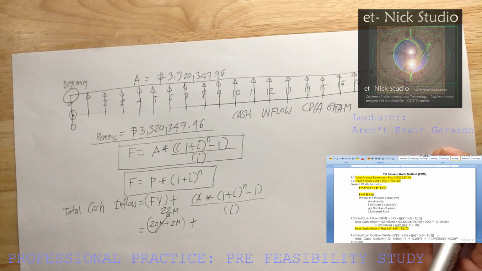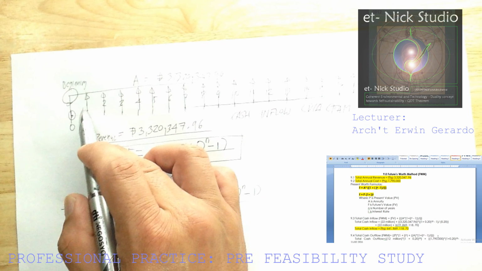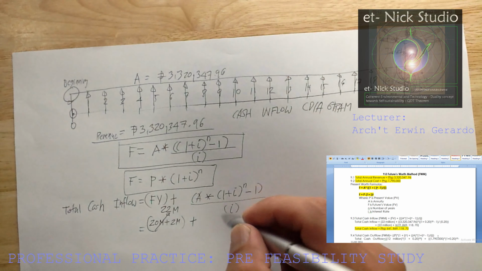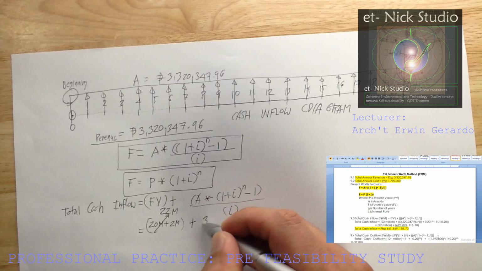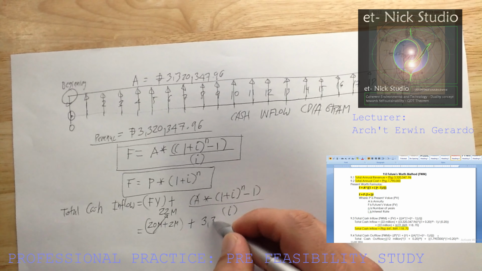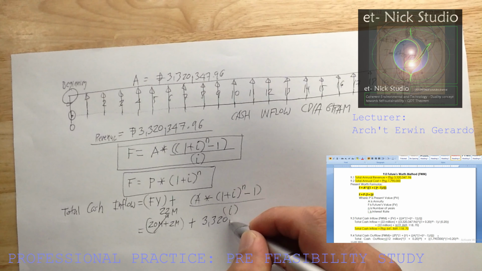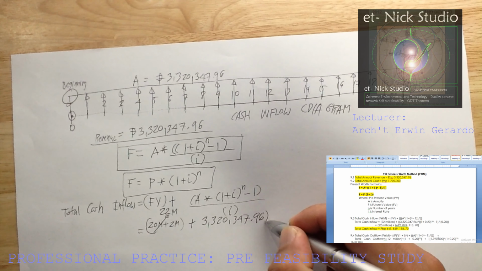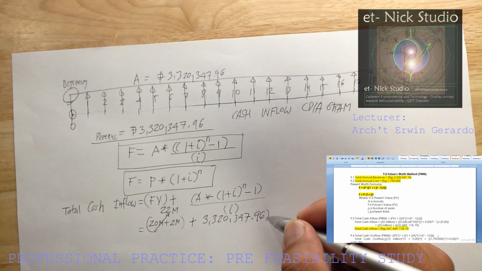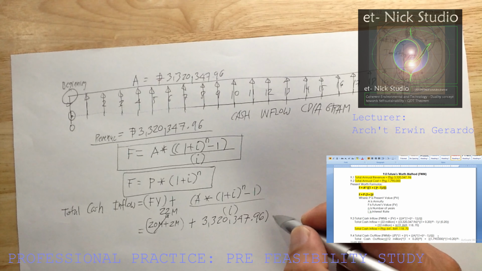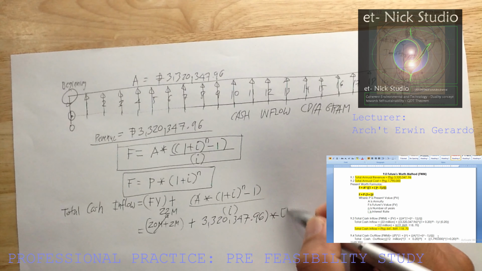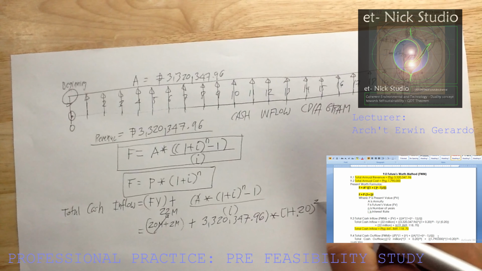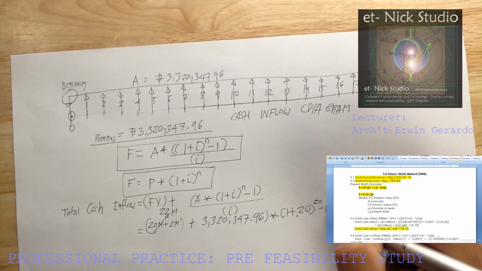Plus, take note, your annuity is constant at the beginning of the year till it reaches the 20th year. So we have the value, which is actually 3,320,347.96 pesos. Then you need to multiply this by 1 plus 0.20, raised to 20 years, minus 1.